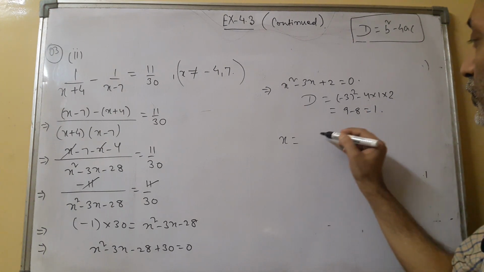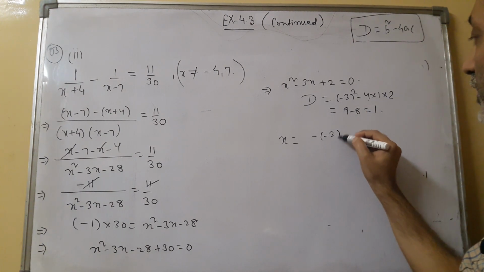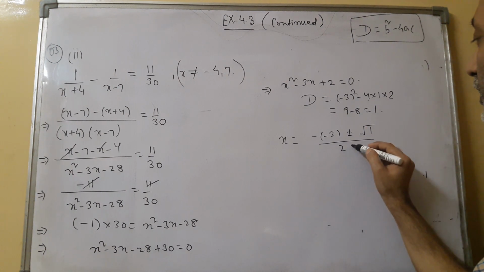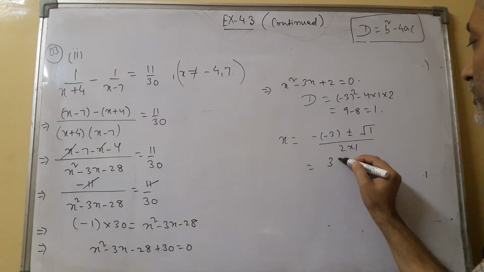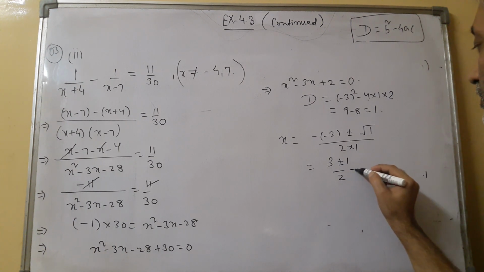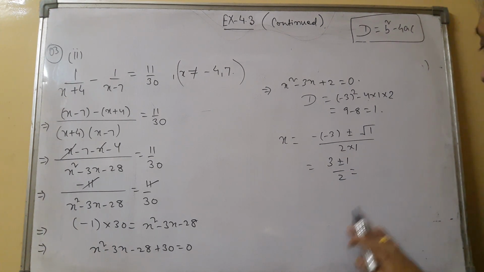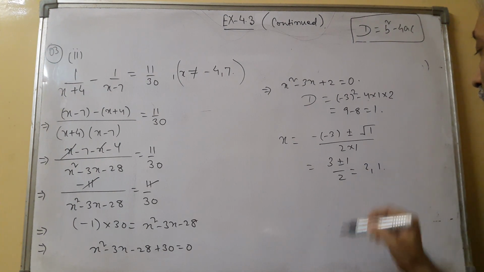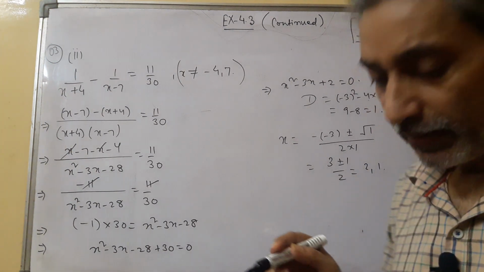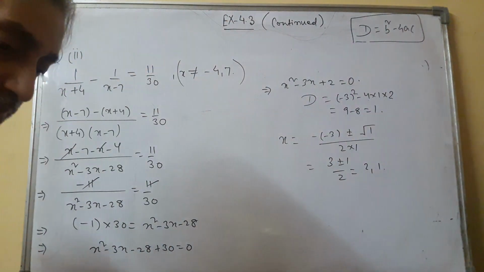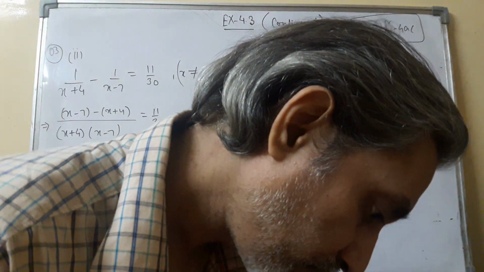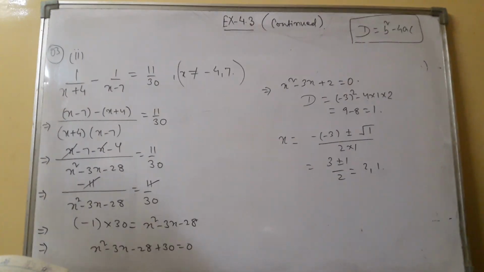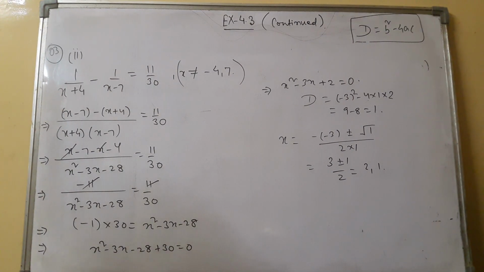So x equals to minus b, minus of minus 3 plus minus root d upon 2a. A is 1. Three plus 1, 4 upon 2, 2. So we're getting 2 and 1 as the answer. So we have solved the second part of question number 3.